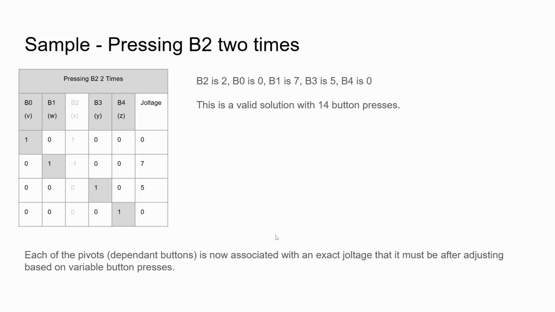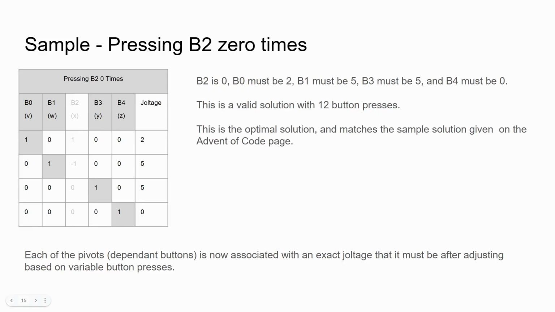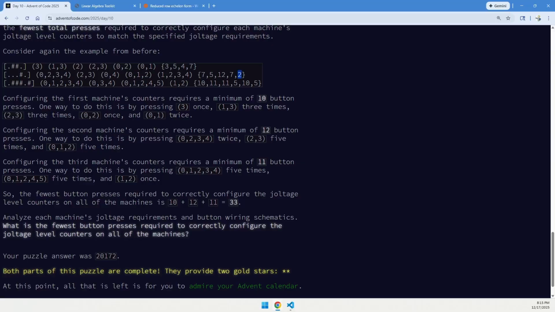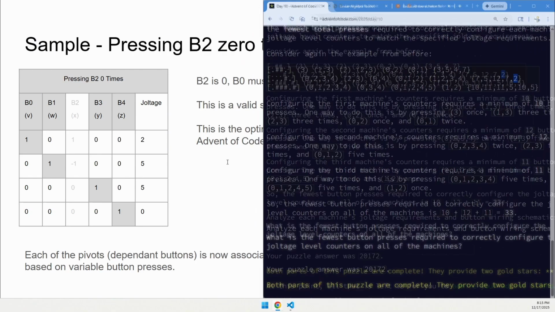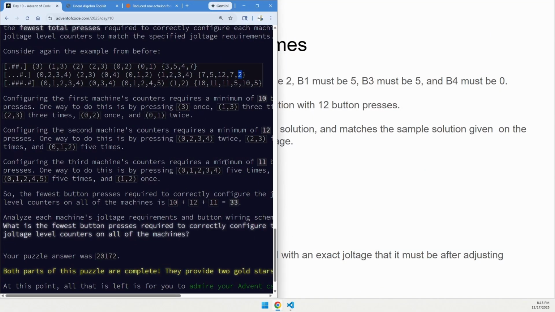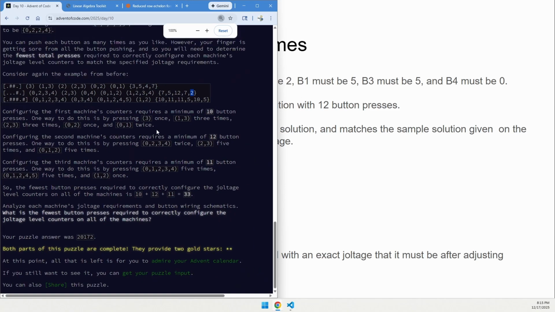And if we look back at the puzzle, that is exactly what the sample says. Press 0 twice. That's button 0 twice.